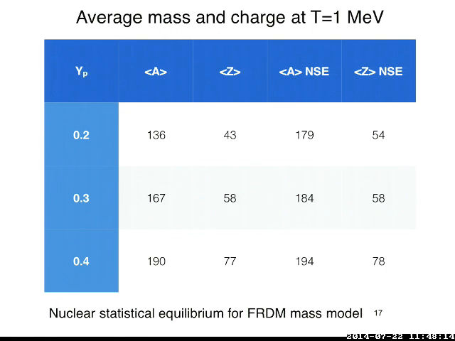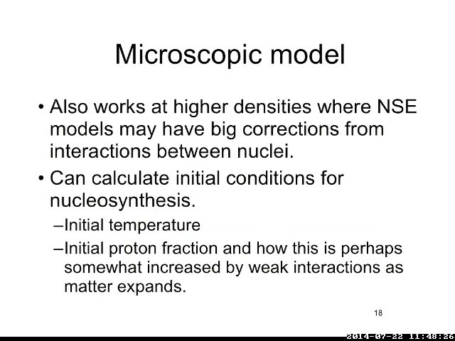So I've got a very simple way of reproducing, at least as long as the temperature is not too low, nuclear statistical equilibrium models. Okay, so that's a start for nucleosynthesis.